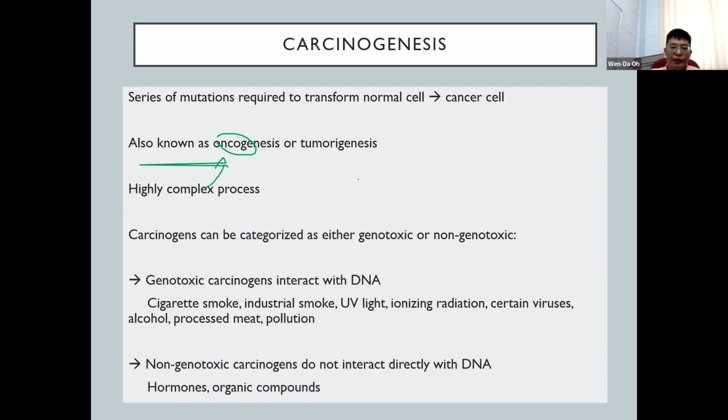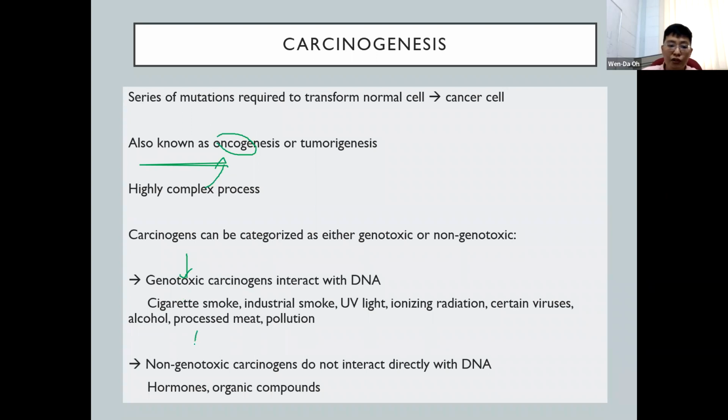This is a very, very complex process, right? A carcinogen can be genotoxic or non-genotoxic, which means that a carcinogen can either affect the DNA or not affect the DNA, right? So there are two different groups of carcinogen. If it is genotoxic, that means the cancer is due to the interaction of the carcinogen with the DNA itself.